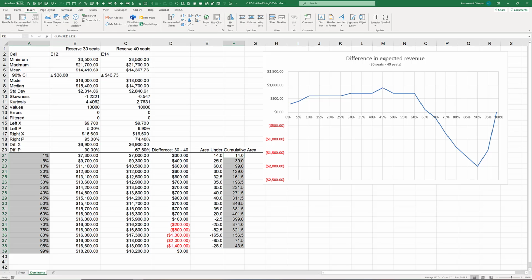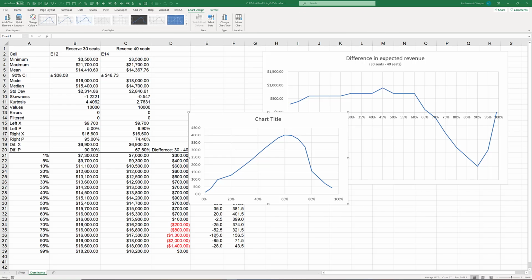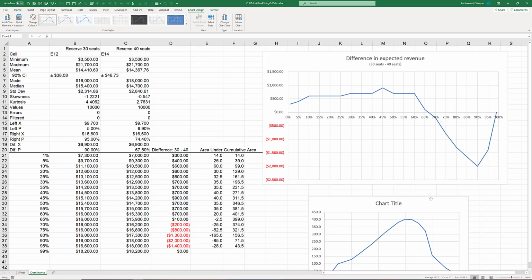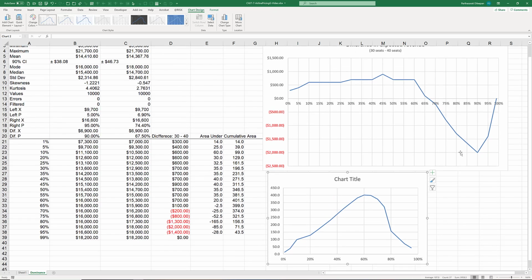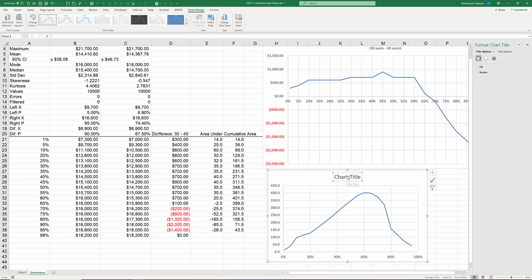So let's make a plot of that. Cumulative area under the curve.